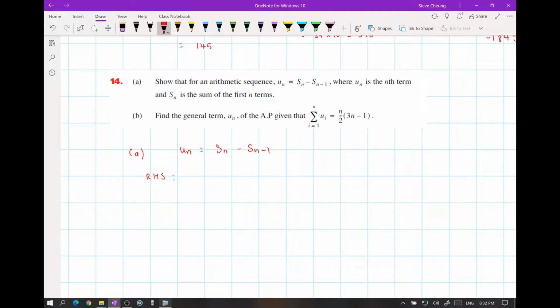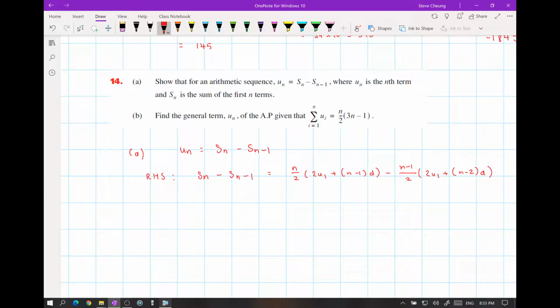So here I'm going to start with the right-hand side, S_n minus S sub n minus 1. So I'm using the n-term formula. This is 2u1 plus (n minus 1)d minus... can I just write down n minus 2 here?